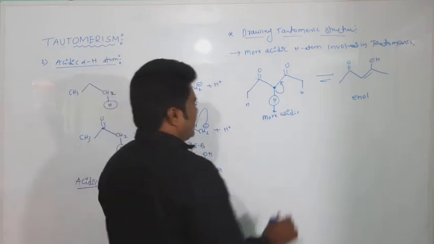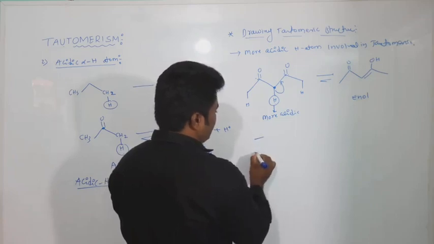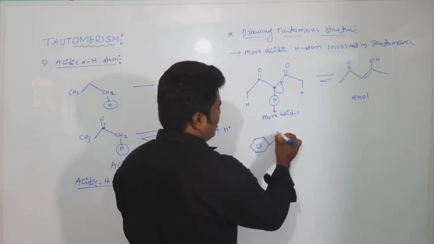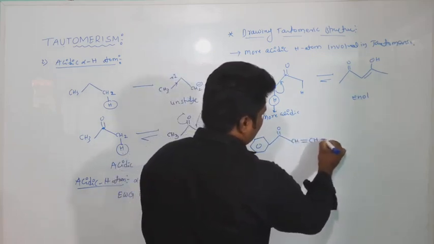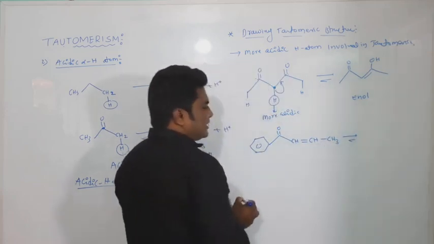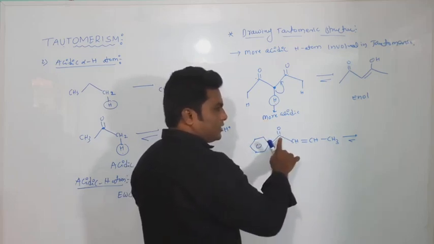Now here, for example, if you take this one, see here. Suppose this is benzene. Now you have it like this. See here, now you have the double bond. Now how do you write the tautomeric structure? What I said is the sp3 hybridized carbon atom adjacent to the carbonyl group, which means an electron withdrawing group.